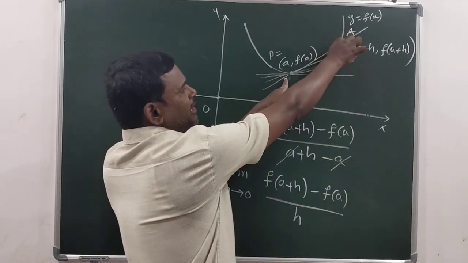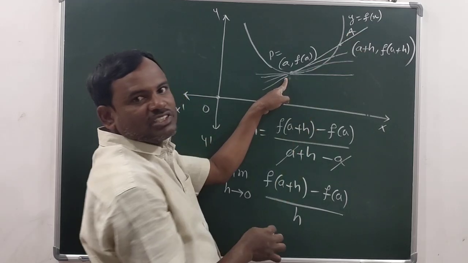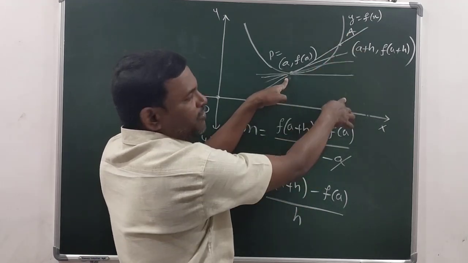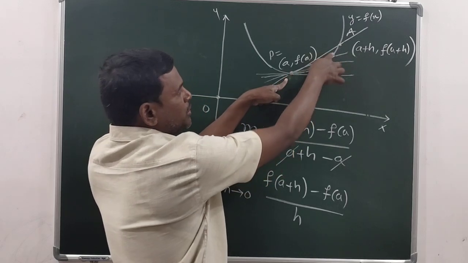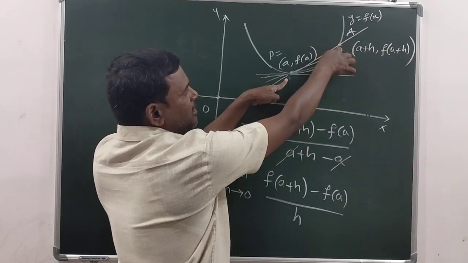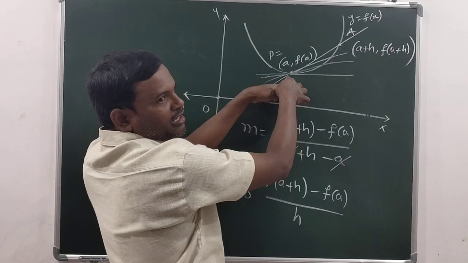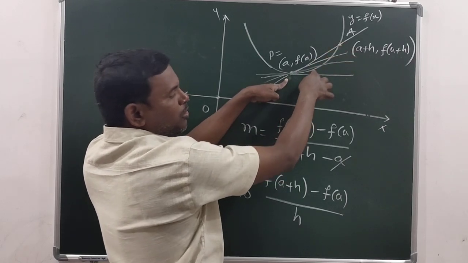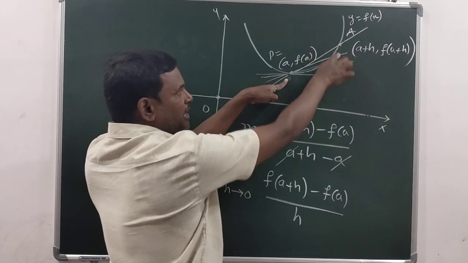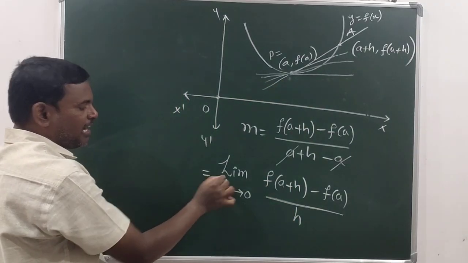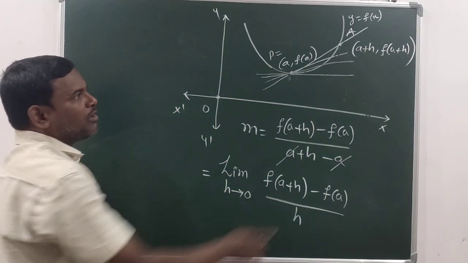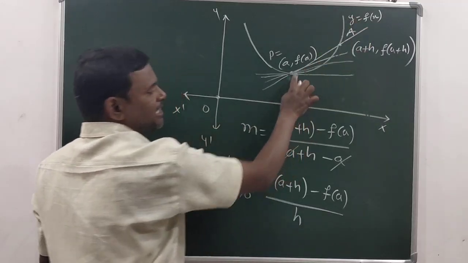We have rotated this secant from the right side portion of a. So this h is approaching 0, which means A is approaching P, and A is going to coincide with P from the right side part of P. Hence this is said to be the right hand derivative of this function at a.